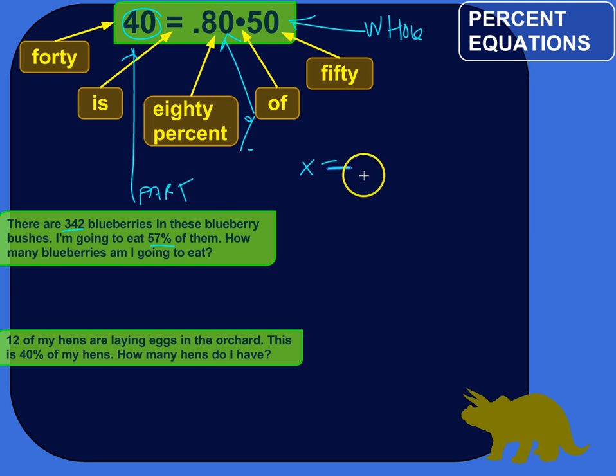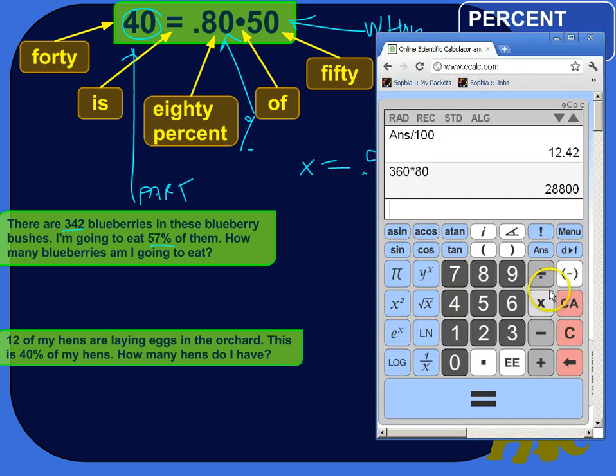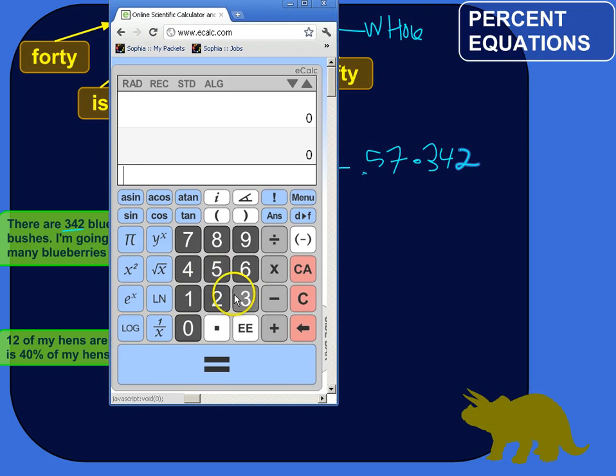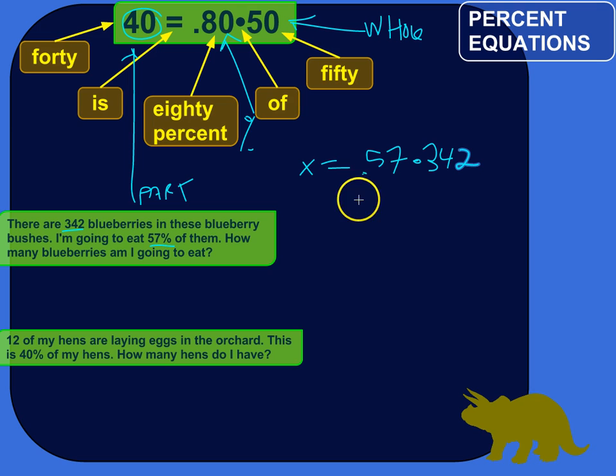X is 57%, 0.57, of 342. Boom. Let's grab the old trusty calculator. 342 times 0.57, 194.94.